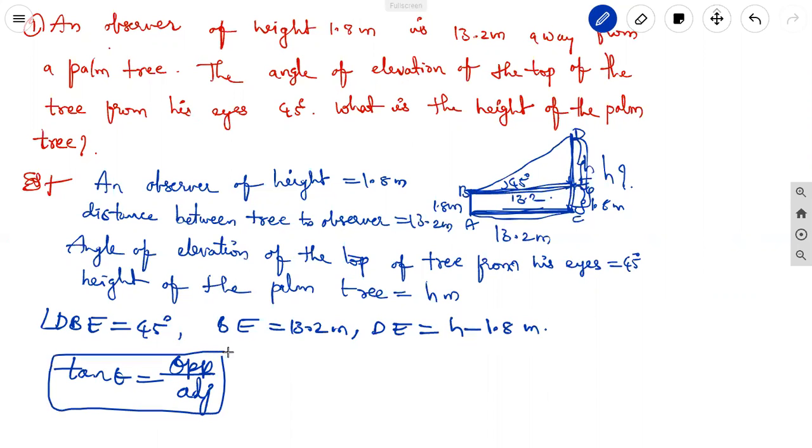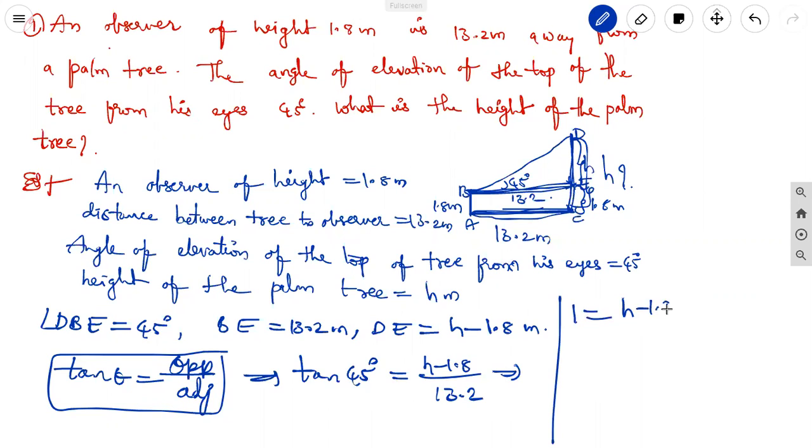In the place of theta we apply 45 degrees, so tan 45 is 1, equal to h minus 1.8 by 13.2. So h minus 1.8 is equal to 13.2, and h equals 13.2 plus 1.8 equals 15 meter.